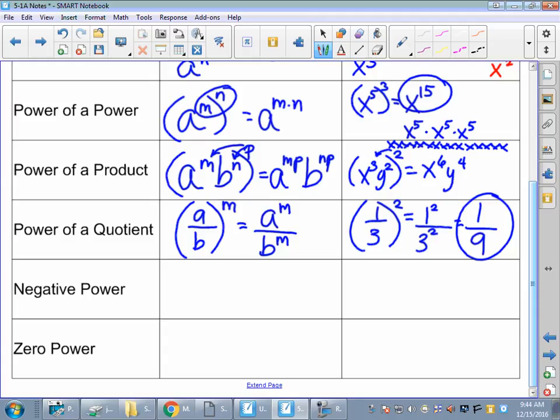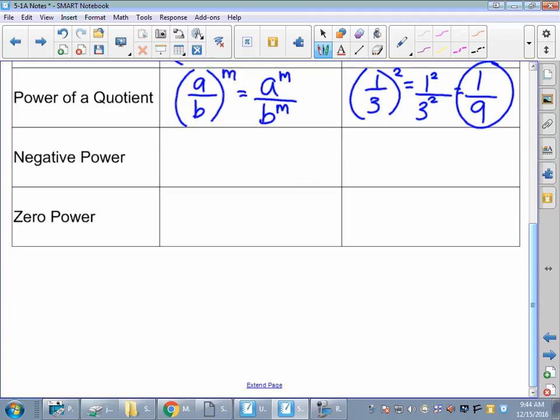A negative power. If I have a to the negative mth power, whenever you have a negative exponent, it actually ends up flipping, taking the reciprocal of the base and then raising that number to a positive. So by flipping it and taking the reciprocal, it makes my m turn into a positive.